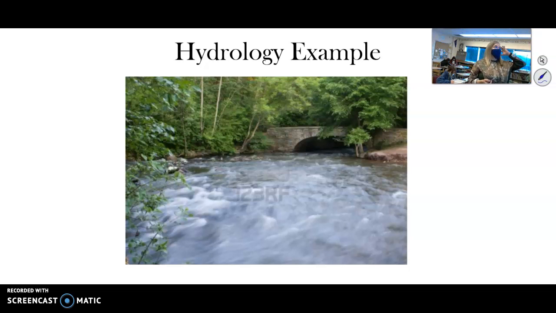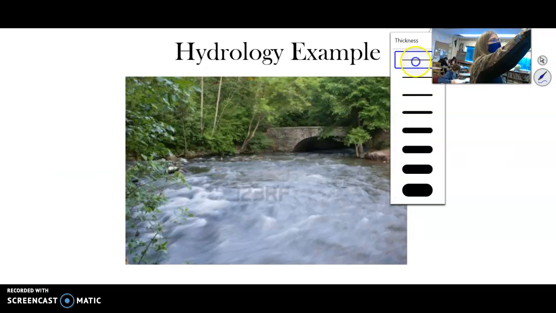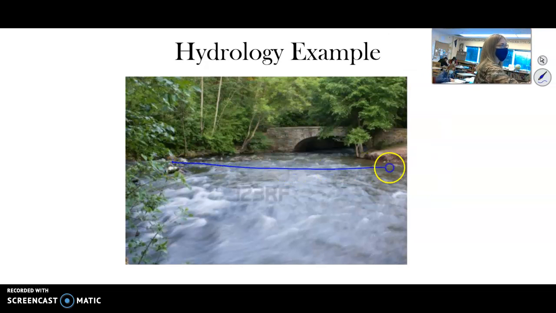So I'm going to do a couple of examples. A real-world use of this would be, I have a friend who works for the state with hydrology. He's a hydrologist, and he goes out and has to calculate how much water is coming through a river to determine what the structural integrity of a bridge has to be, for example. And he's a hydrological engineer. I've done this before with my classes: we can go out and measure across, and every so many feet, take a measurement of the depth of the water.